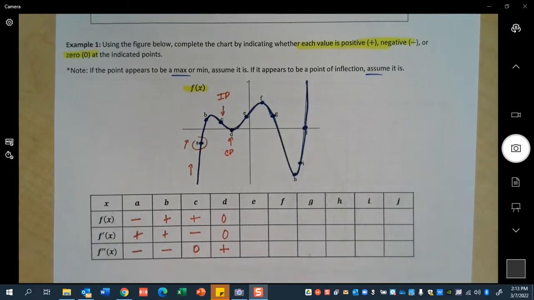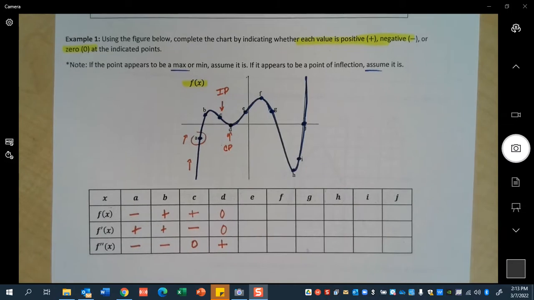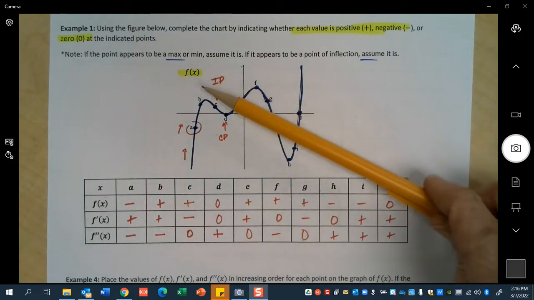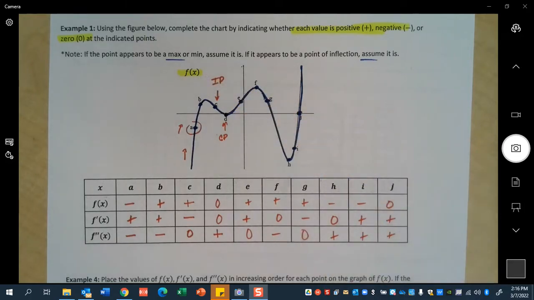with your group mates, continue talking your way through the function and your marks, set, go. We want to make sure we know that you know what it is that you're looking at. This is the graph of your original function, and all of our conversations about derivatives and second derivatives are solely for the purpose of understanding this graph.